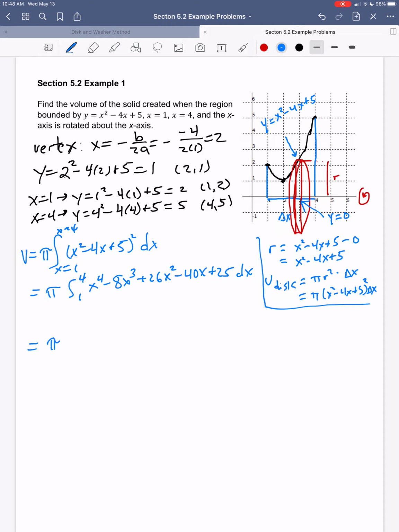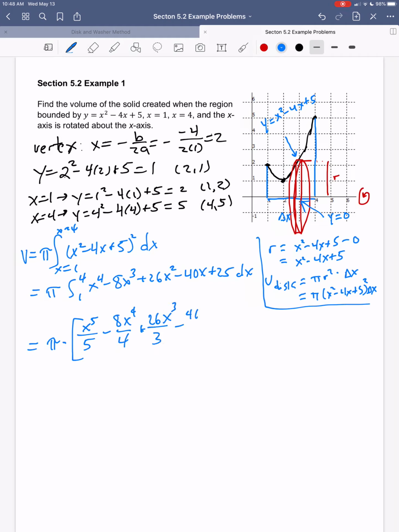So pi times, now I have to take the antiderivative. So I increase the exponent by 1, that'll be x to the 5th, and then I divide by 5. So x to the 5th over 5. I'm going to get 8x to the 4th, and then divide by 4. I'm going to get 26x cubed, and then divide by 3.